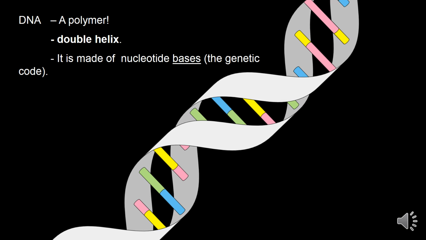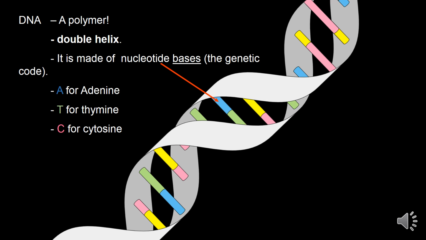We generally use the first letter to represent each one. So A for adenine, T for thymine, C for cytosine, and G for guanine.